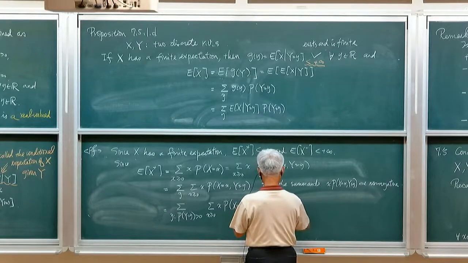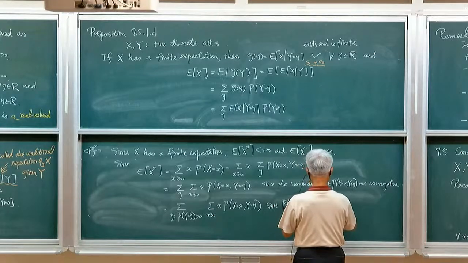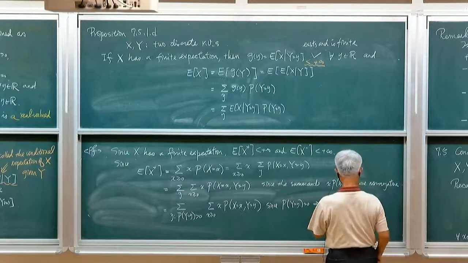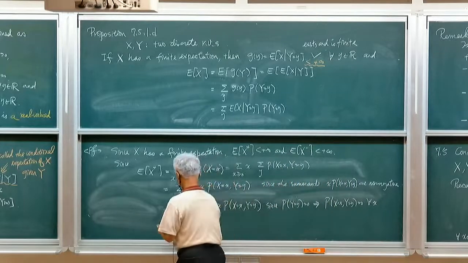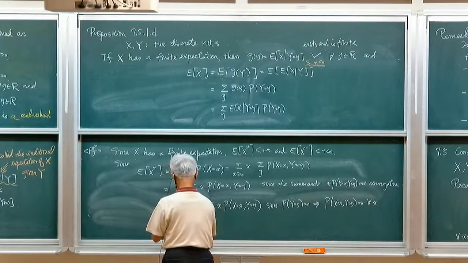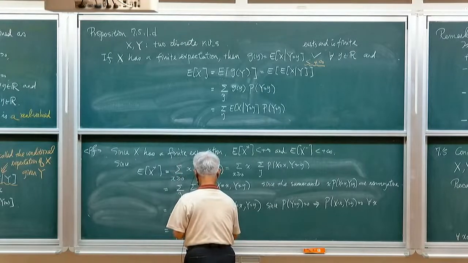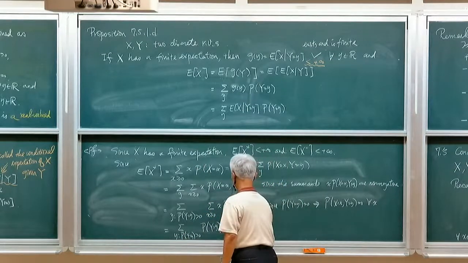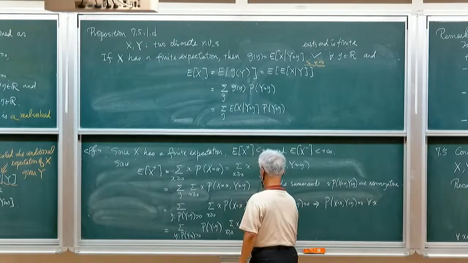This implies, all right, and now we can put this probability here, but divide by the same probability there.